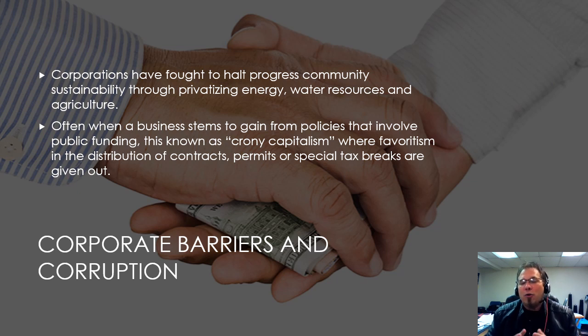Now, there's this thing called crony capitalism that's been taking place for years, where a business stands to gain from policies that involve public funding. What they'll do is there'll be favoritism in the distribution of contracts, permits, or special tax breaks given out to a company that is going to benefit from that. So if I'm a construction company and I found some insider information that this particular project's going to get done, I know I'll get the bid because the politician is a friend of mine and this and that.